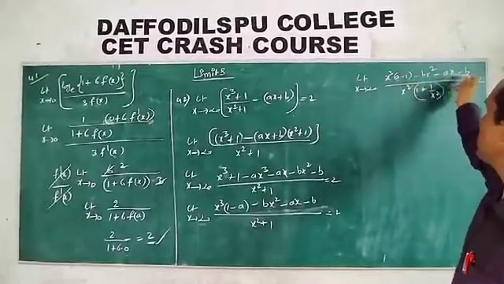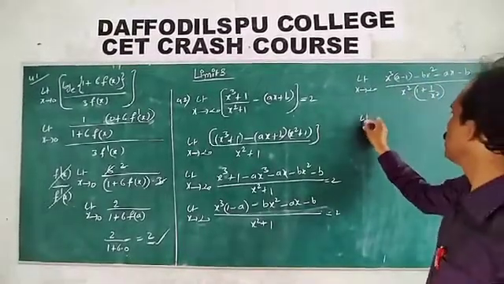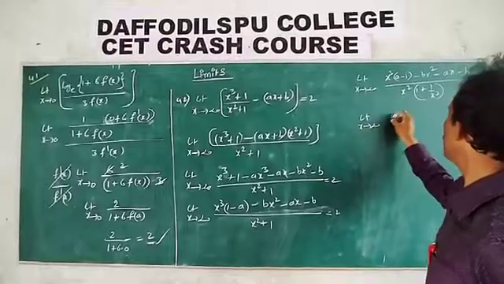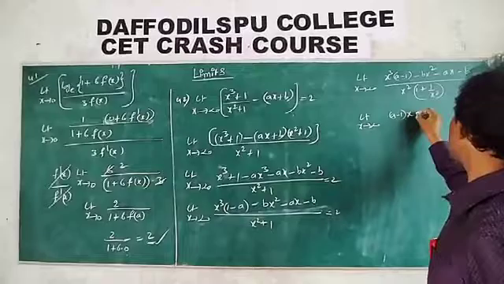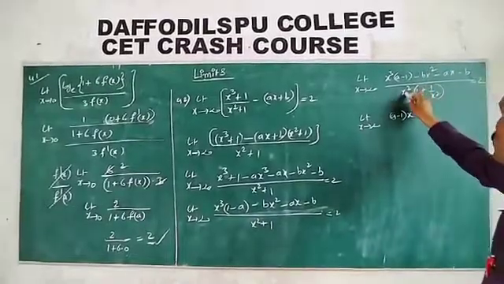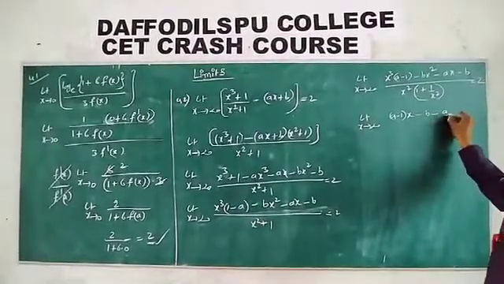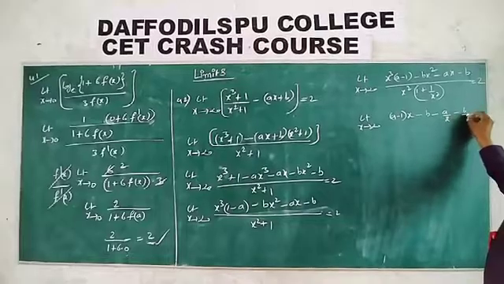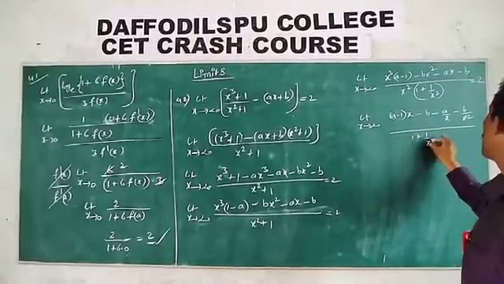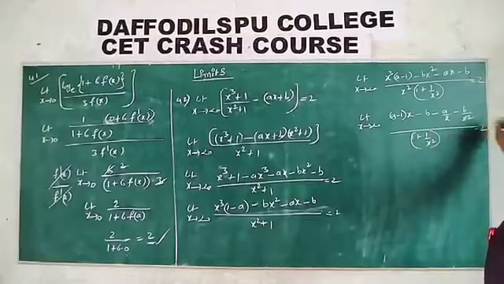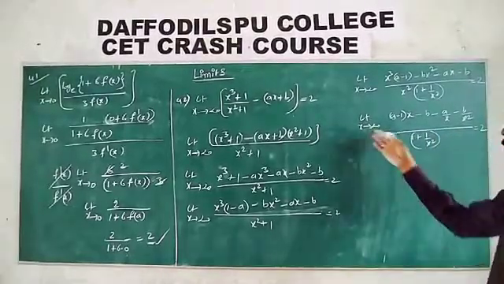Divide x square with each term. Then limit x tends to infinity of (a minus 1) into x minus b, x square by x square cancels, minus a by x minus b by x square, divided by 1 plus 1 by x square, is equal to 2. Clear? Right.